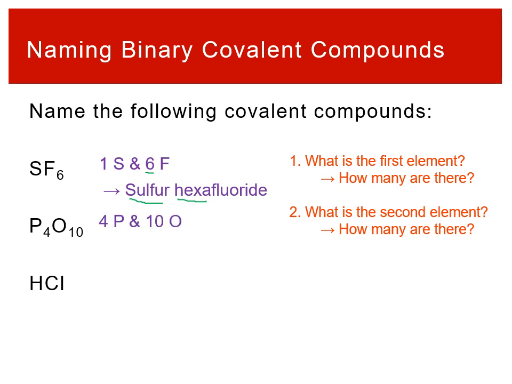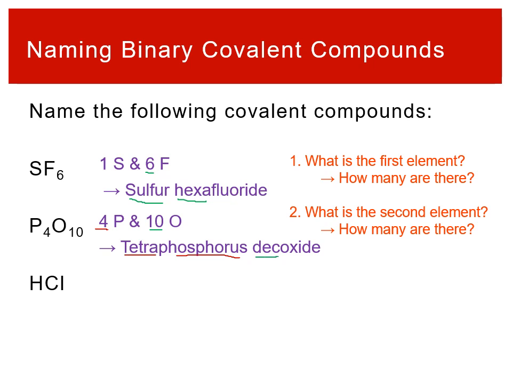P4O10, that's 4 P's and 10 O's. In this case, neither has 1, so both atom types are going to need a prefix. It does become a bit of a mouthful, but the 4 is tetra. For phosphorus, we just keep the entire name. We don't have to change the ending. And then 10 is deca, like decade, 10 years.